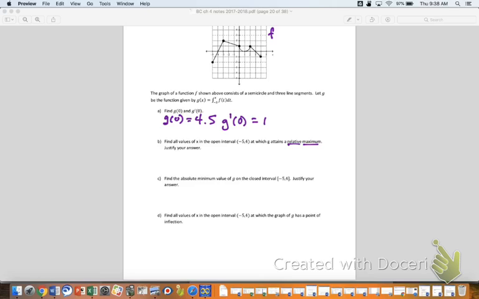Conceptually, my candidates would be critical points of G, right? And just saying critical numbers or critical points is probably not enough, because if you start thinking about critical points of F, is that the same as the critical points of G, and how does that all work? So critical points of G would be where G prime is equal to 0 or doesn't exist.